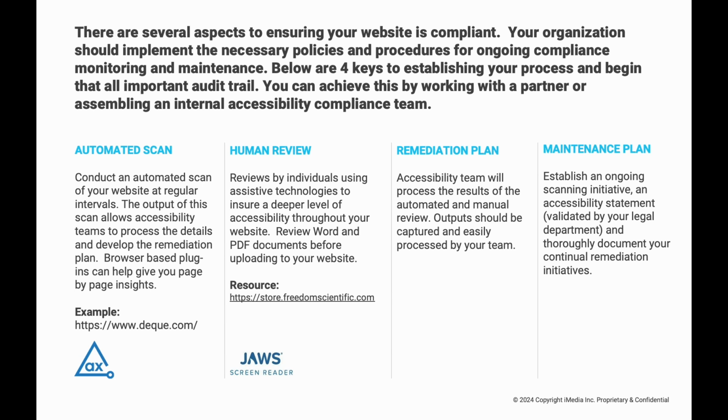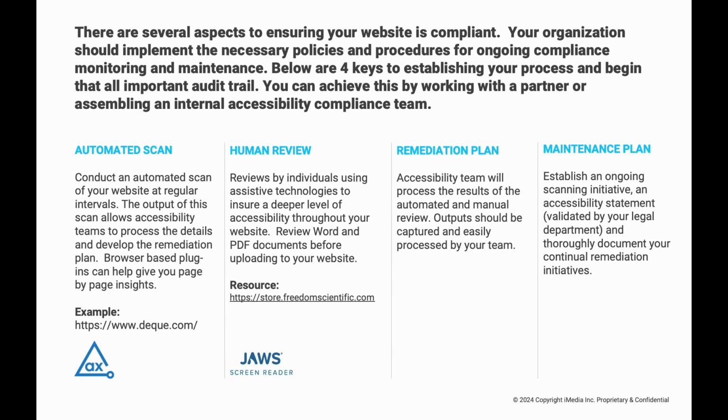You want to have your remediation plan in place, which is essentially documenting the defects, both A and AA, having a place to store the defect issues, as well as the result for the fix. And then all this is compiled into an ongoing maintenance plan, which is essentially scan, review, document, remediate, rescan, rinse and repeat.